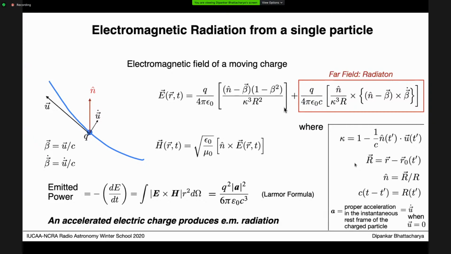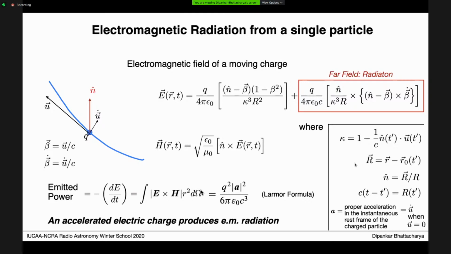You can see that if you take E cross H and if you take this radiation term, the product will have a dependence of 1 by r squared. But if you look at a distance r, then the total surface area at the distance r enclosing the charge is also proportional to r squared. So that's what this shows.